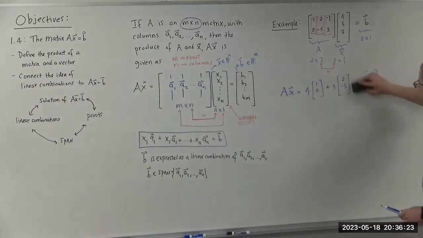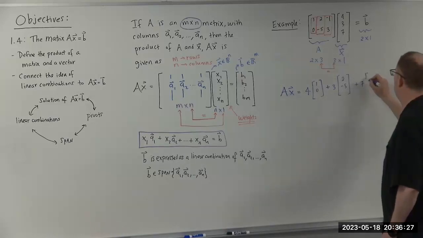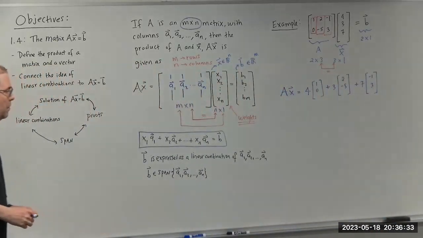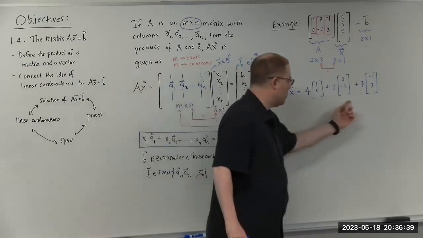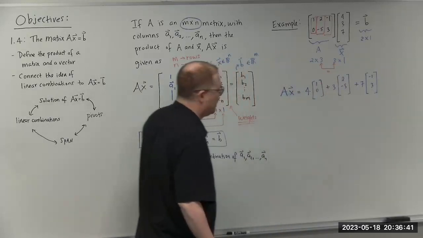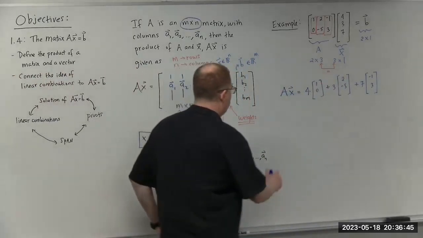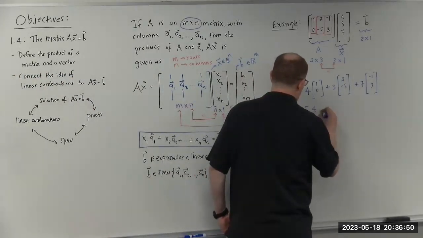Doing these operations that were discussed in the previous section, this is going to give us 4, 0.